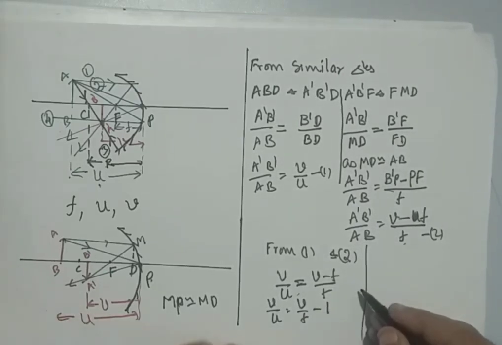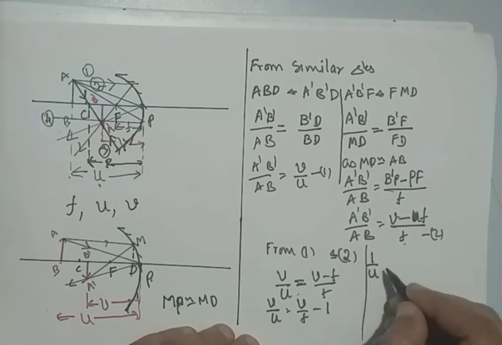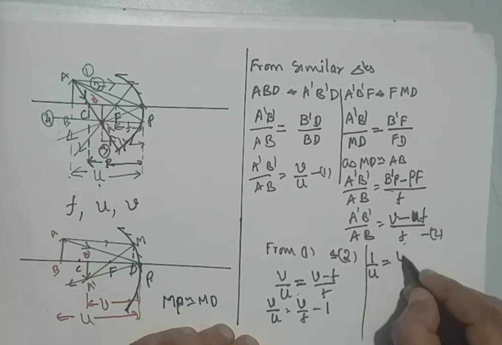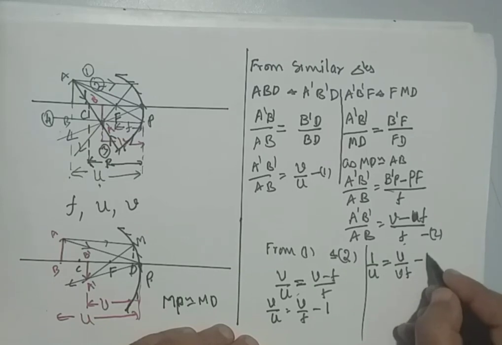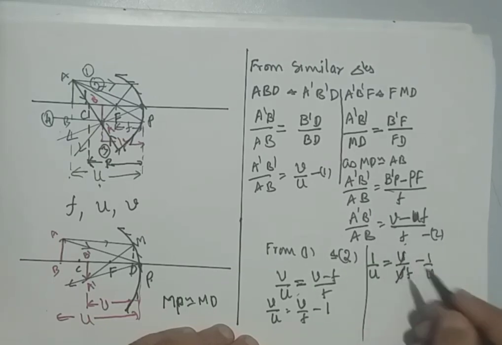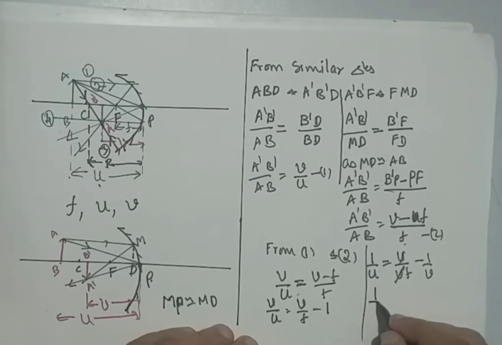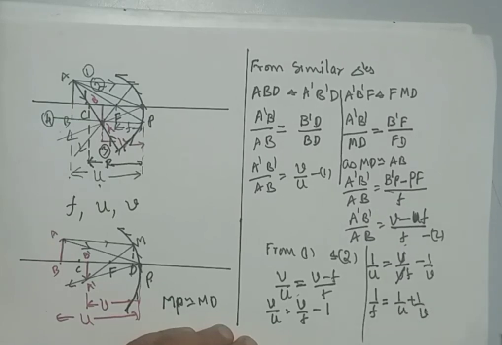And taking V onto this side, I can simply write 1 by U is 1 by F minus 1 by V. Cancelling this, and I can rearrange the terms like this: 1 by F equals 1 by U plus 1 by V.